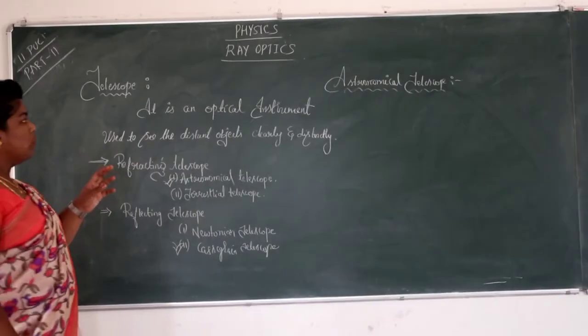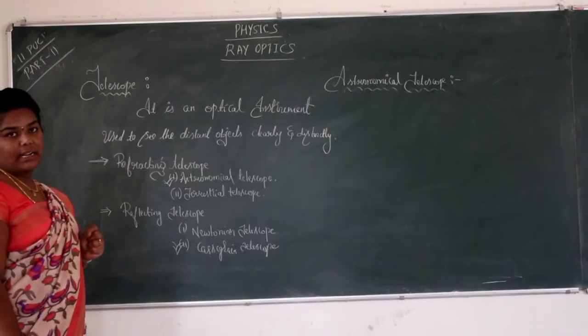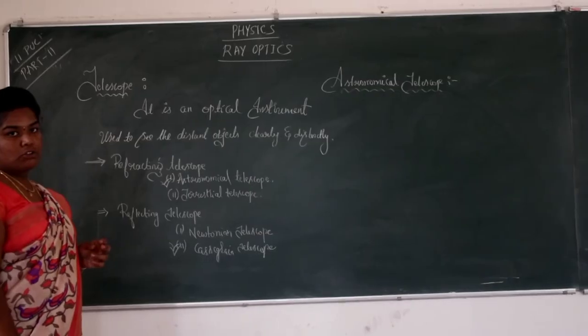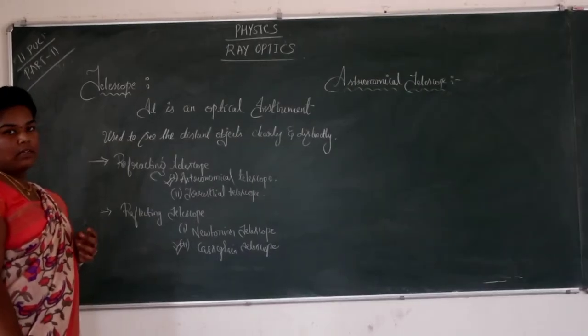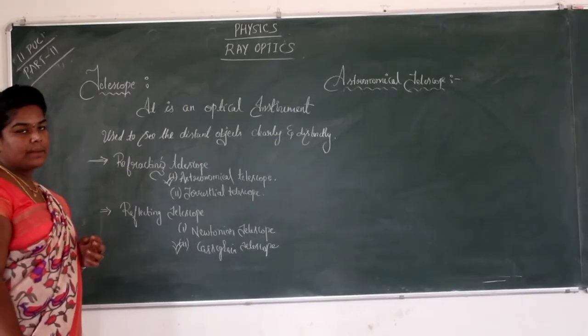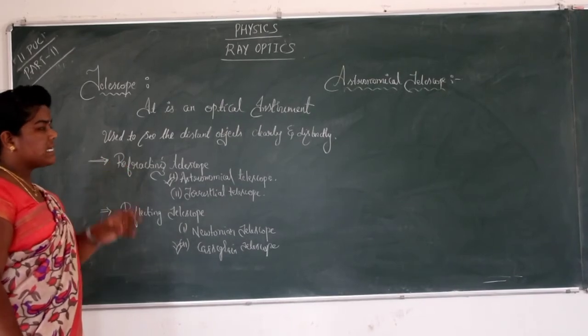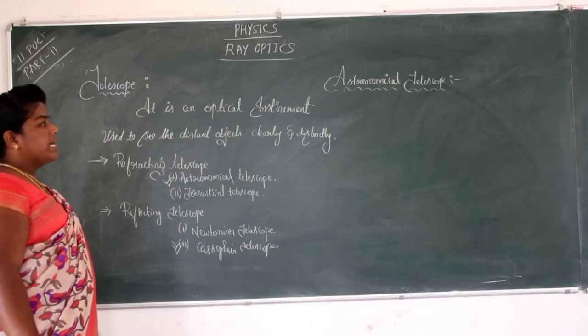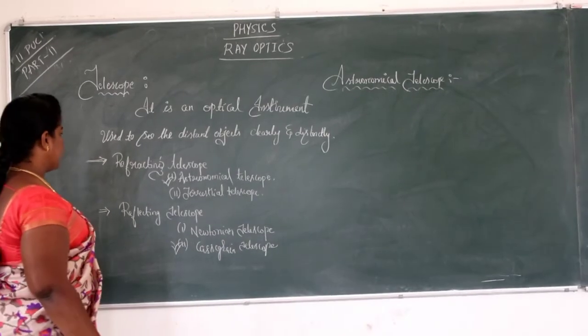Then, how do we construct this astronomical telescope? As you know, in a compound microscope we have two lenses. Similarly, in this telescope also we have two lenses, especially for a refracting telescope.